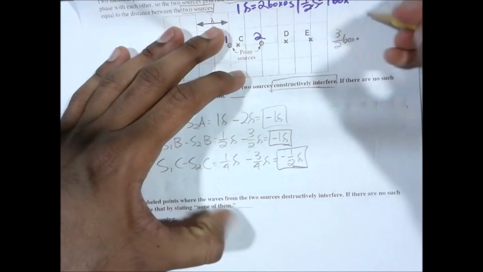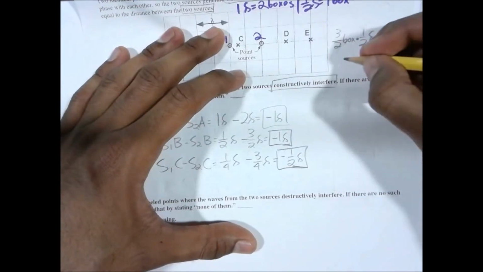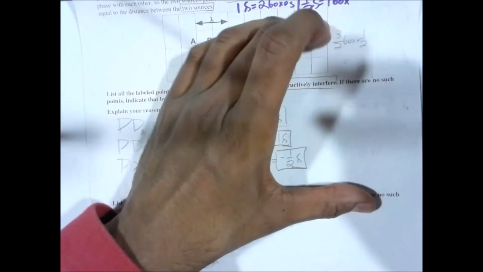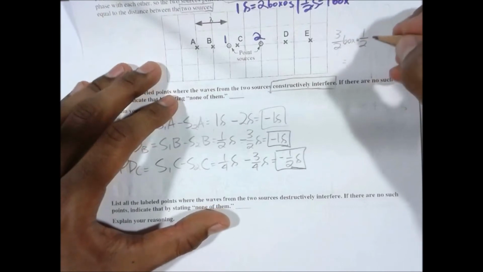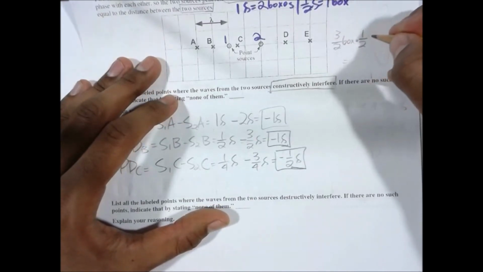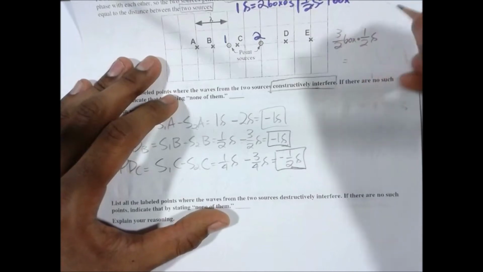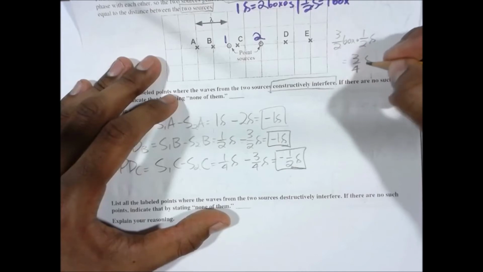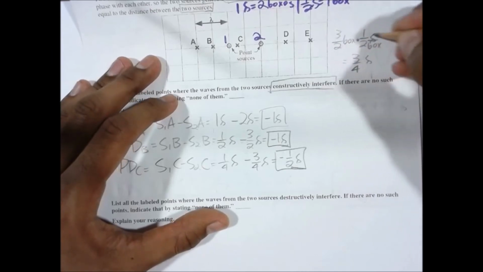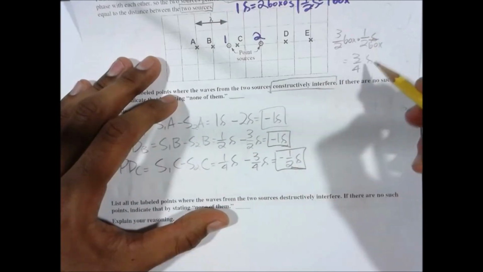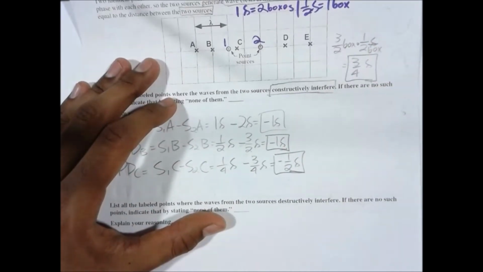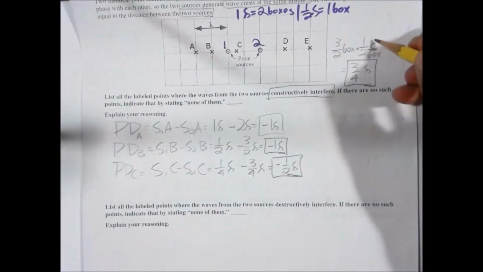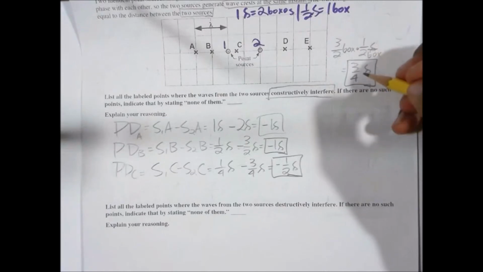Now if each box is 1/2 wavelength, then let's do a little bit of a unit conversion here. 1/2 wavelength per box, so then we get 3/4 wavelength. Right, so 3/2 box, for every half a wavelength that's 1 box, we get 3/4 wavelength.